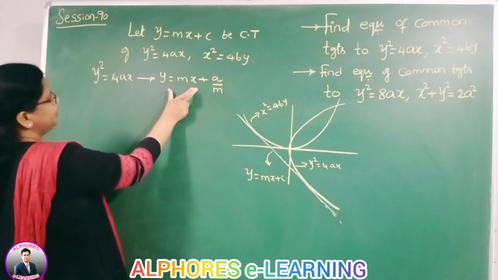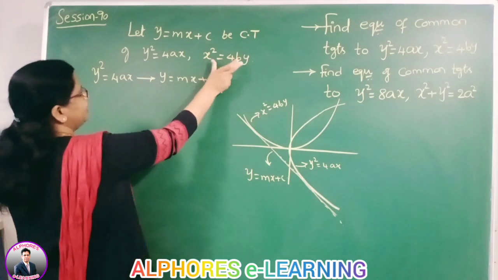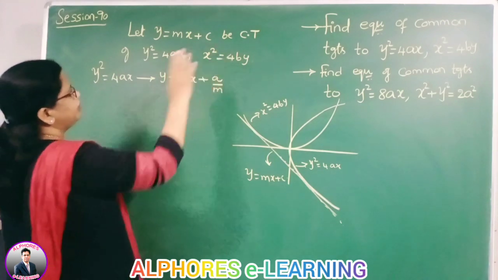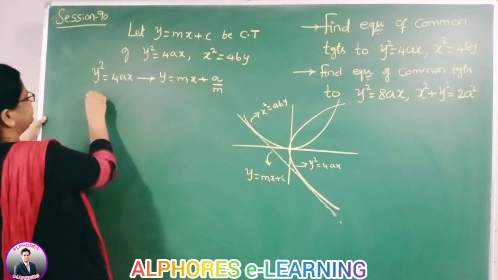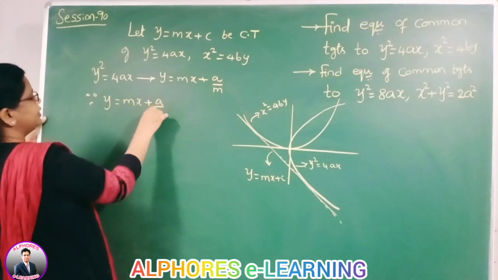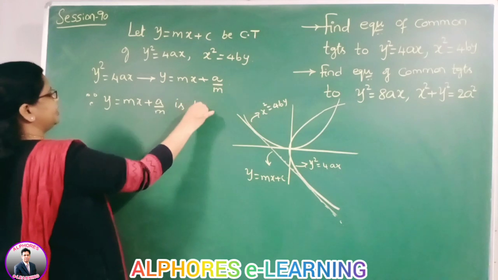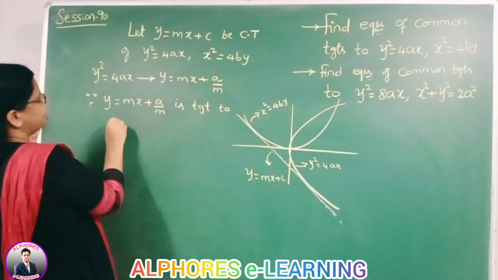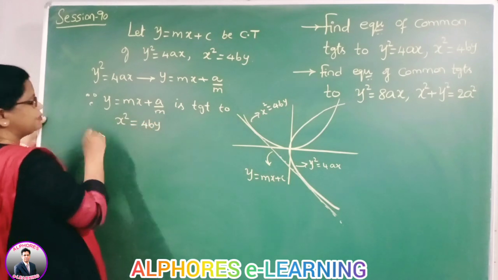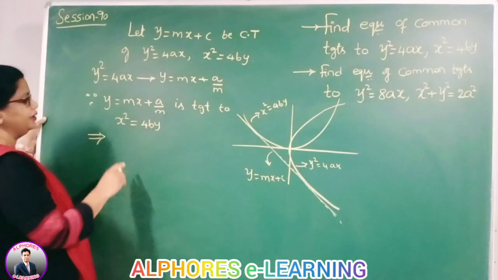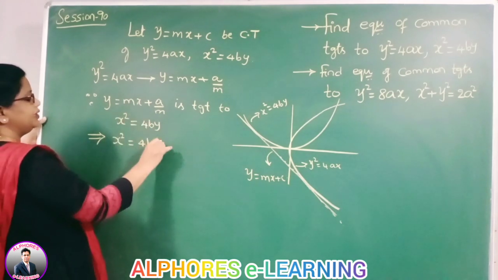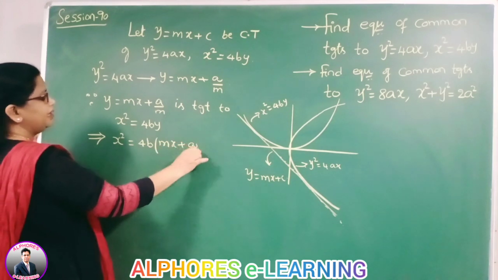Now this line is again tangent to the other curve also, x square is 4by. So we substitute in the place of y: x square equal to 4b into y, that is mx plus a divided by m.